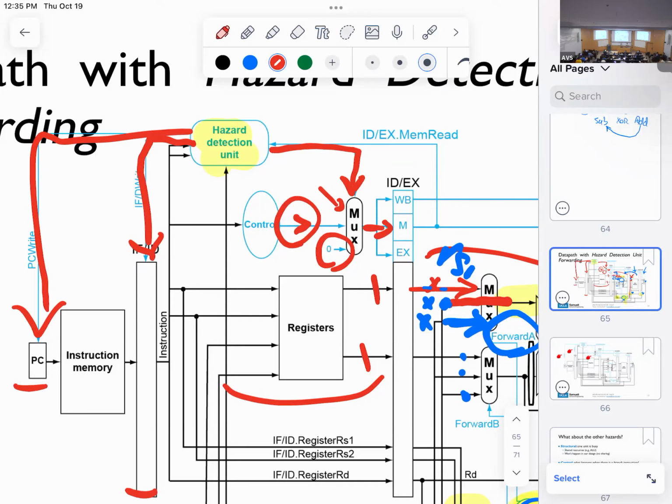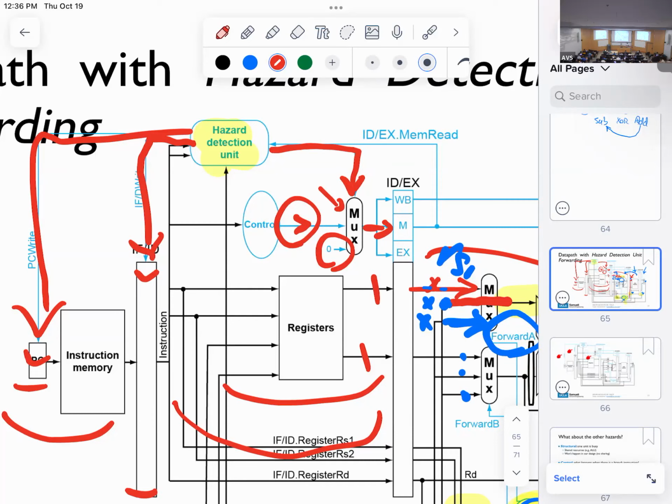So this means that the instruction that is staying here and the instruction that is staying here will just keep staying in those pipeline stages. This is like a write enable for this register and a write enable for this register. I'm telling these 2 registers not to update, even if the positive edge of the clock comes.